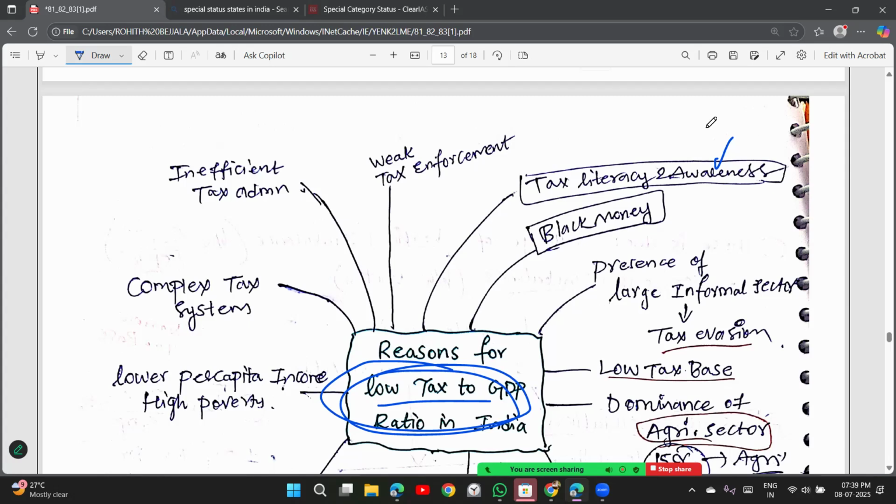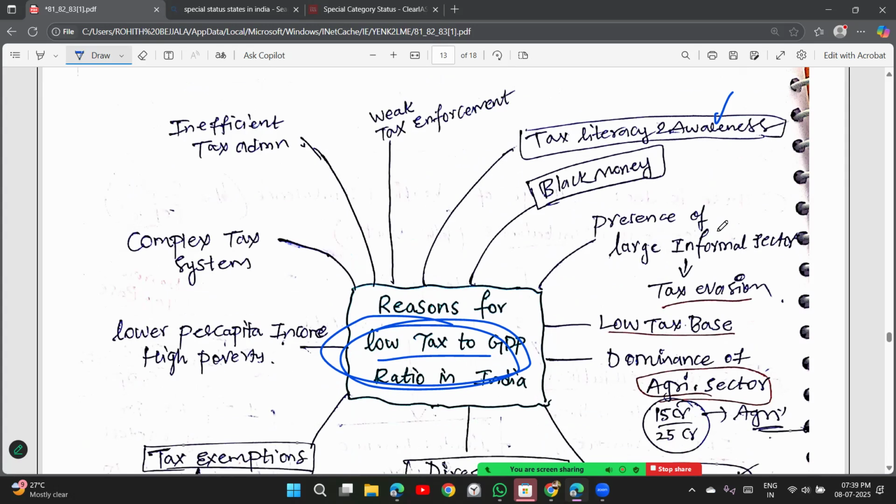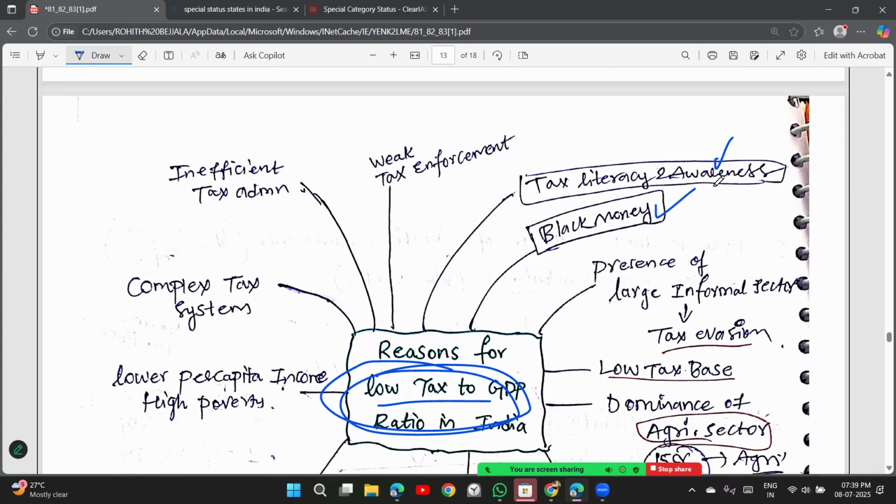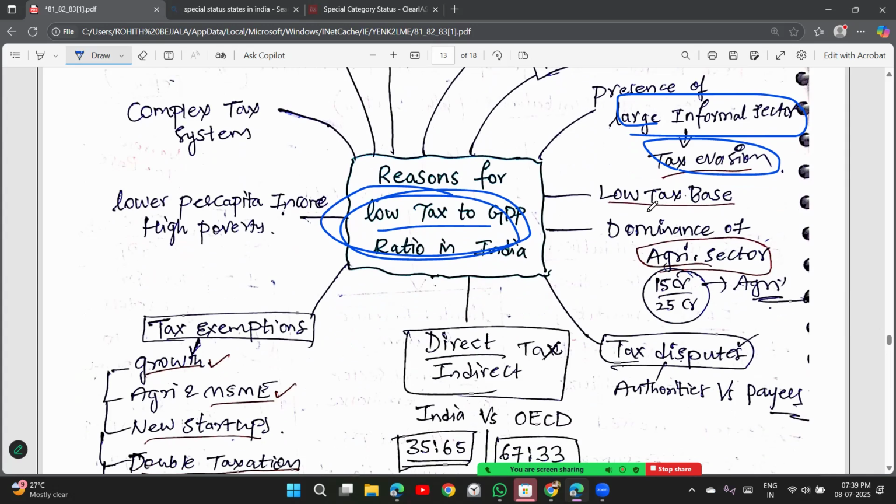Now it's been decreasing day by day, but because of the 140 crore population, there is the problem of black money, a large informal sector, and tax evasion. So there is no proper data on where the money is going. Again, the same reasons: low tax base, and our agriculture sector is dominant, and in agriculture there is no tax on land or the production.